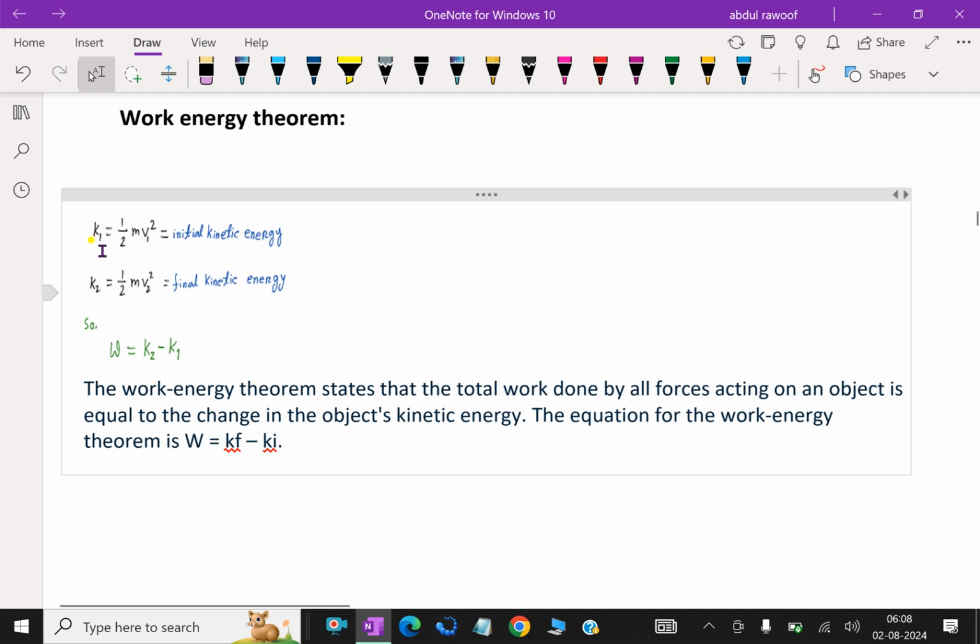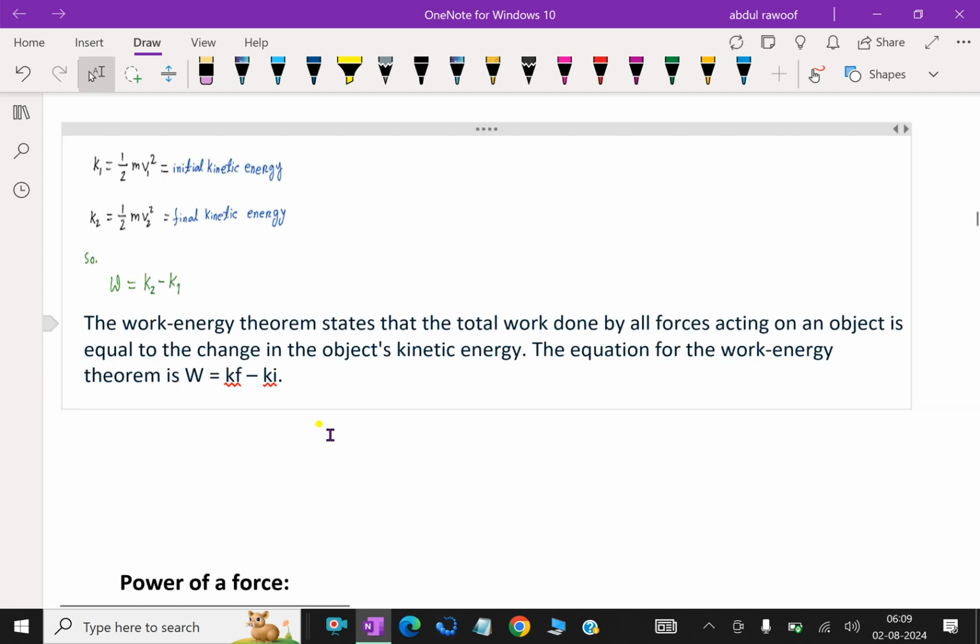First, K initial is half m vi square, the initial kinetic energy. K2 equals half m vf square, that is the final kinetic energy. Then by using the work energy theorem, W equals K2 minus K1.